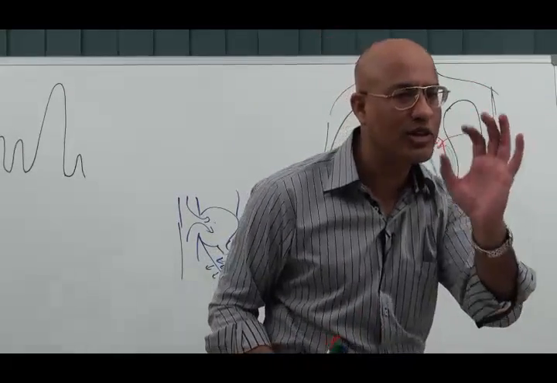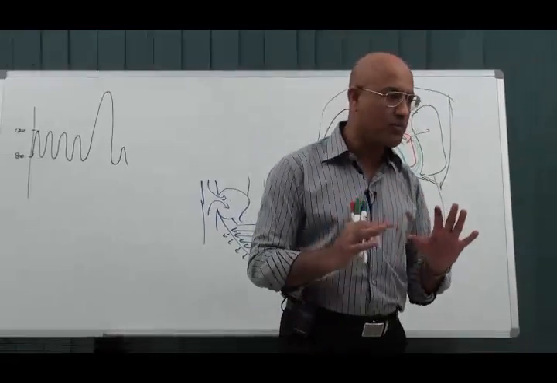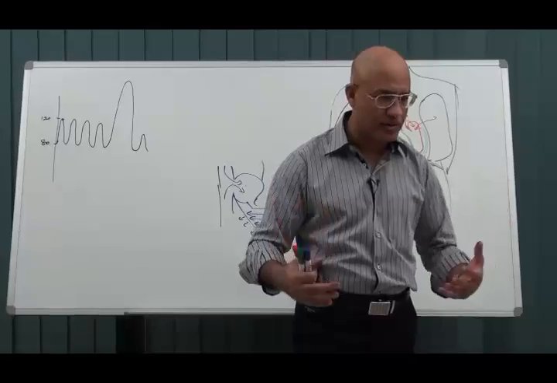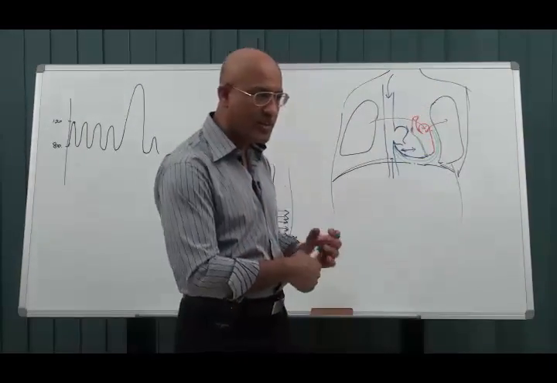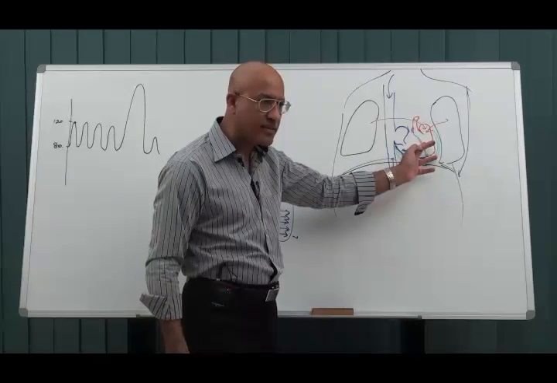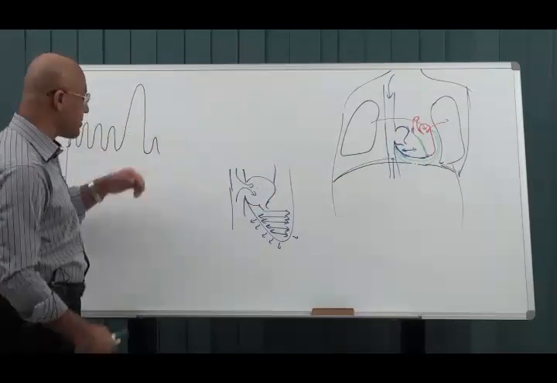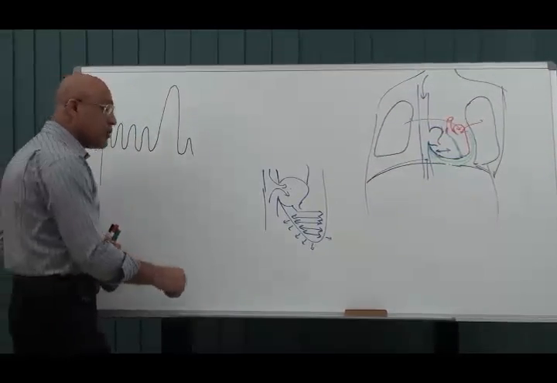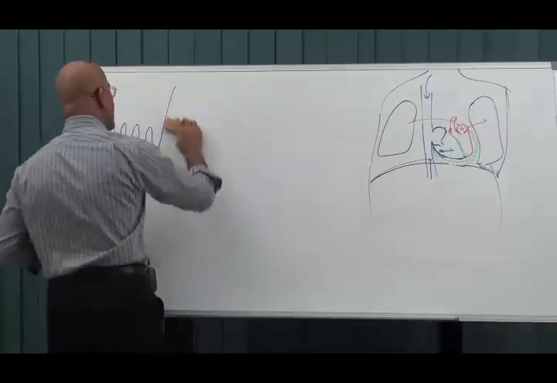This is a physiological drop. In a normal, healthy person, during every inspiration, the left ventricle becomes slightly underfilled, and due to that, cardiac output becomes slightly less and systolic blood pressure becomes slightly lower during inspiration.